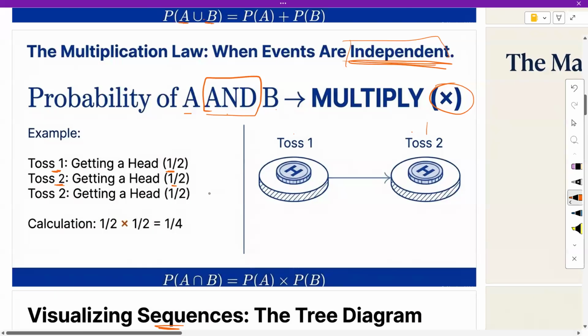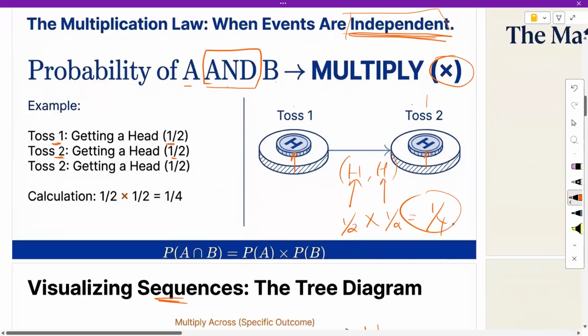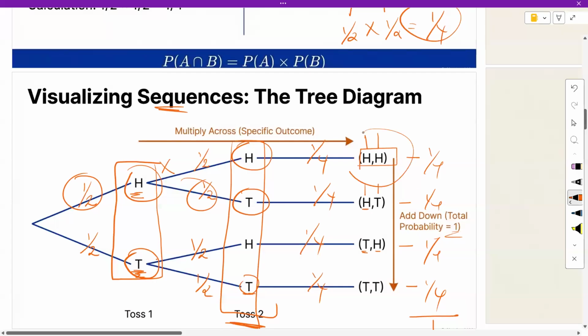Then the question is, what is the probability of getting head in the first toss and getting head in the second toss? It means head comma head. What's the probability? We know the probability of this head is 1 over 2 and the probability of this head is 1 over 2. So therefore it's 1 over 4. Same thing we found here.